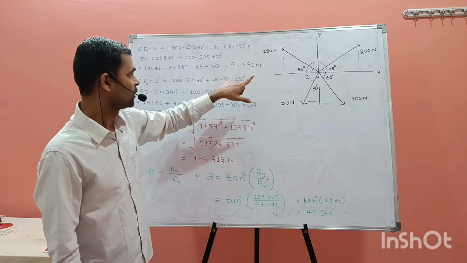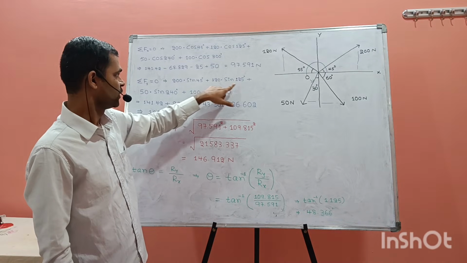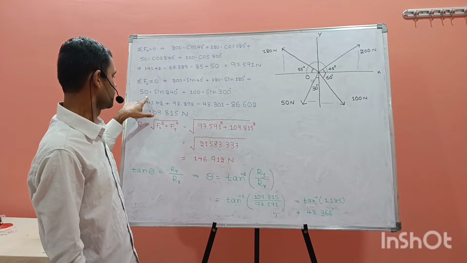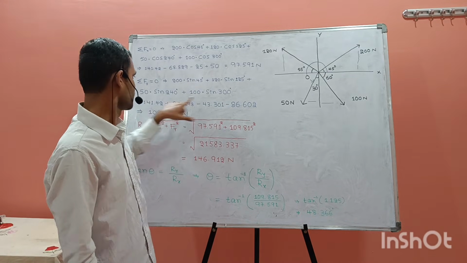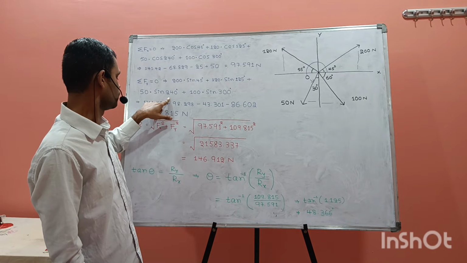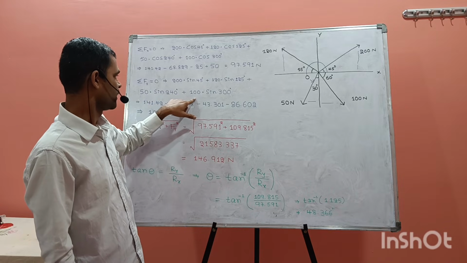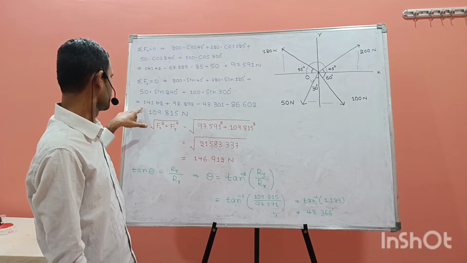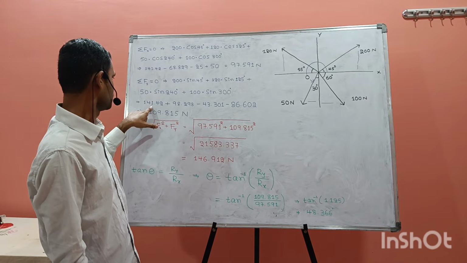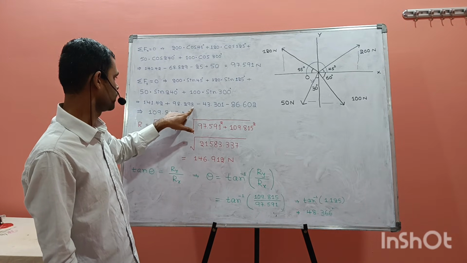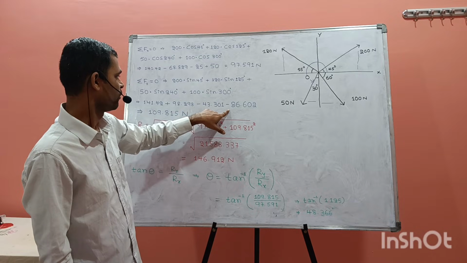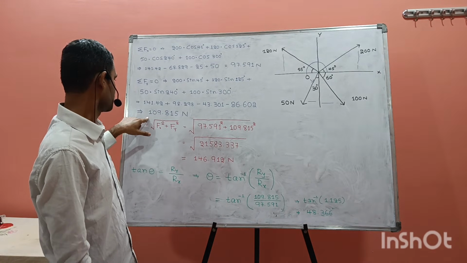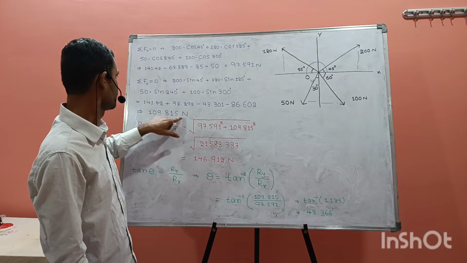In the same method we will consider 120 into sine 125 degrees plus 50 newtons into sine 240 degrees plus 100 force into sine 300 degrees. When I solve this, 141 plus 98.298 minus 43 minus 86.602, so I get 109.815 newtons.